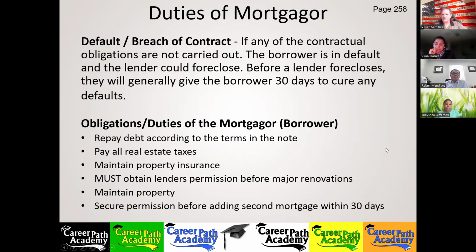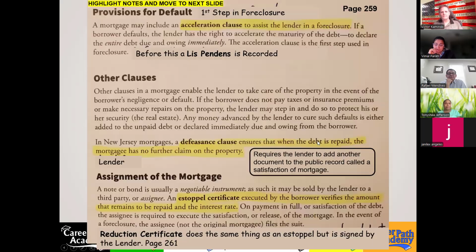Conventional banking theory states that the lender is risking their depositors' money by loaning more than 80% of the value of the home because the borrower put down so little cash. That's coming up, though. We're jumping ahead right now.